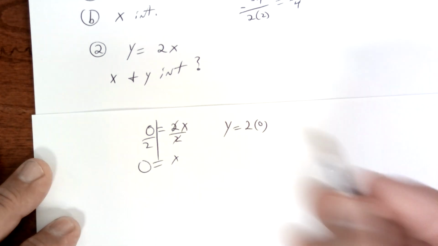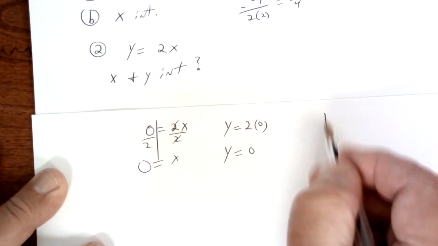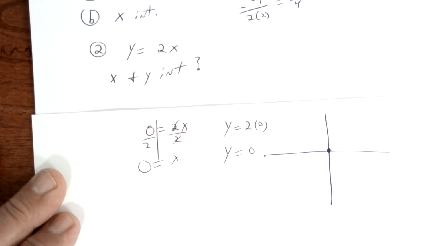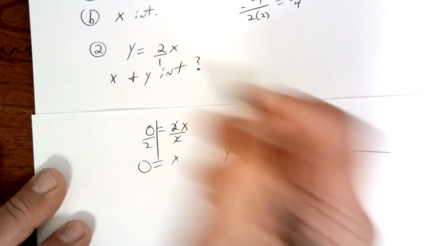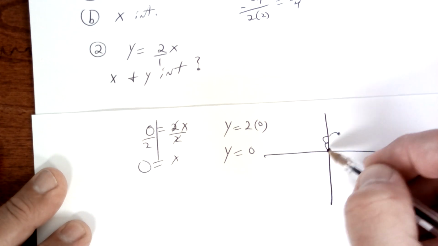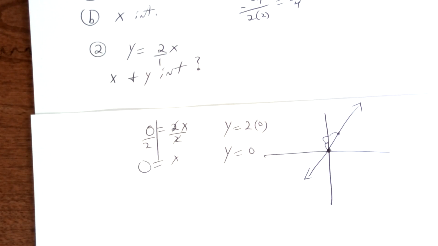And then your y-intercept is 2 times 0 is 0. So the x and the y-intercept are the same. 0, 0, which is the origin. Okay? This slope is over 2, or rather up 2, over 1. So this line actually looks like that. There's only one intercept right there.